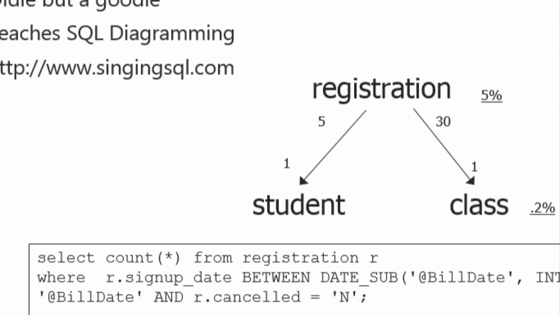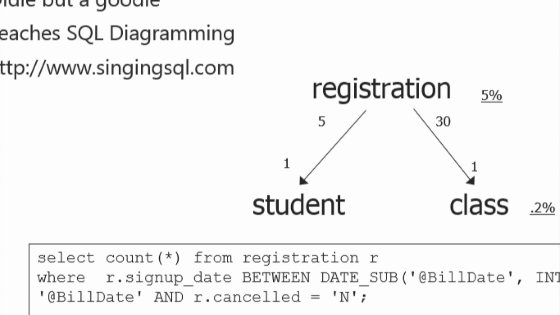Maybe small for a university, but you get the idea. And it's a simple query to get those. But what I'm saying here, for you joining these tables, to get any one student or any one class, I should never have to read more than 150 rows. If you're reading more than 150 rows doing this query, then you've done something wrong.